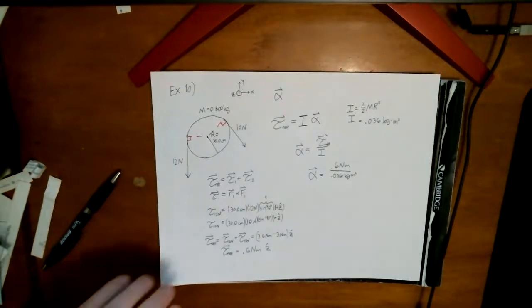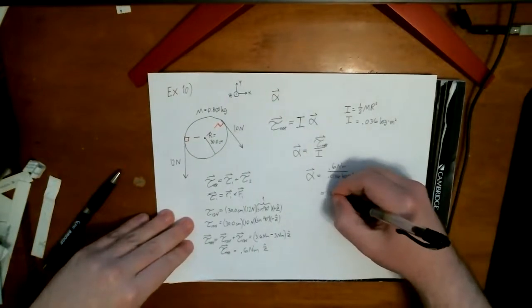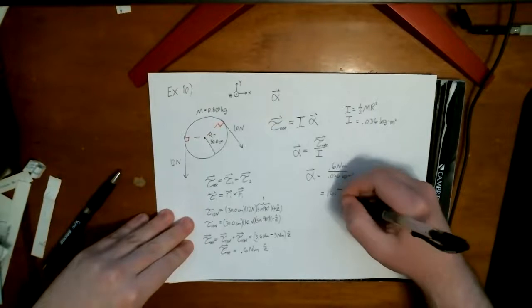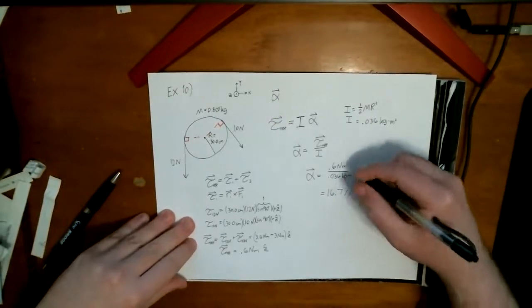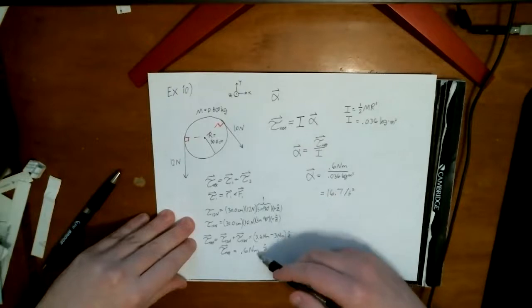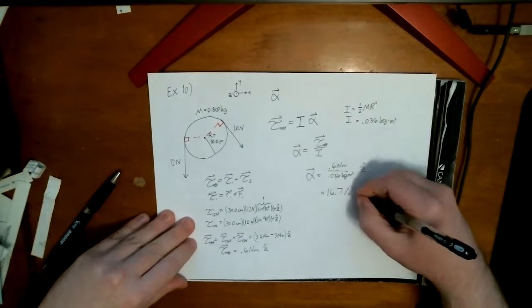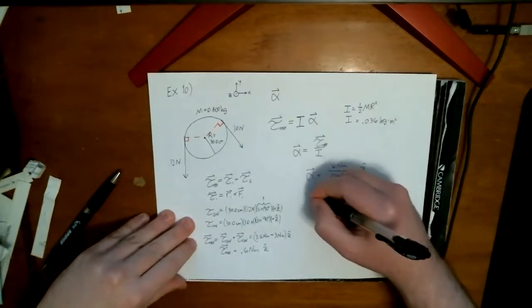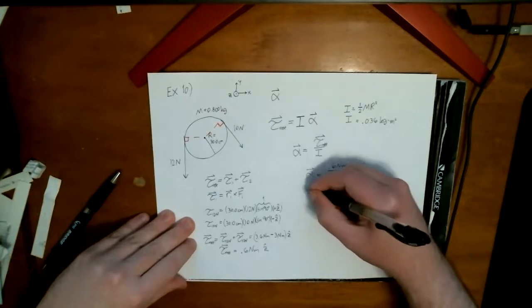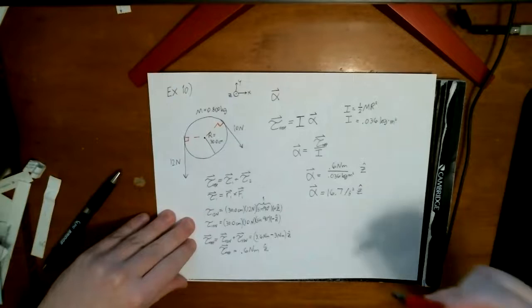Gives me just about 16.7 per second squared. And my direction is the direction of the torque. That's positive z hat. Just like your acceleration always points in the same direction as your net force, your angular acceleration will always point in the same direction as your net torque.